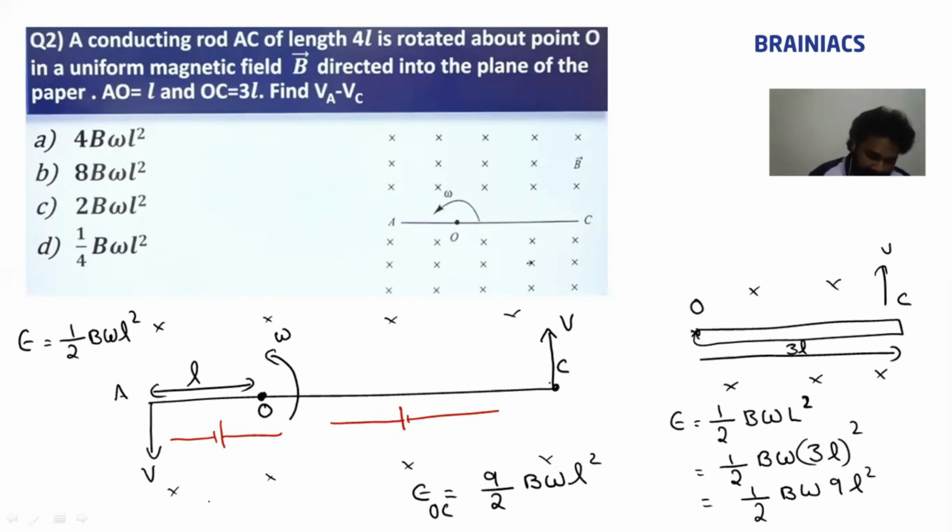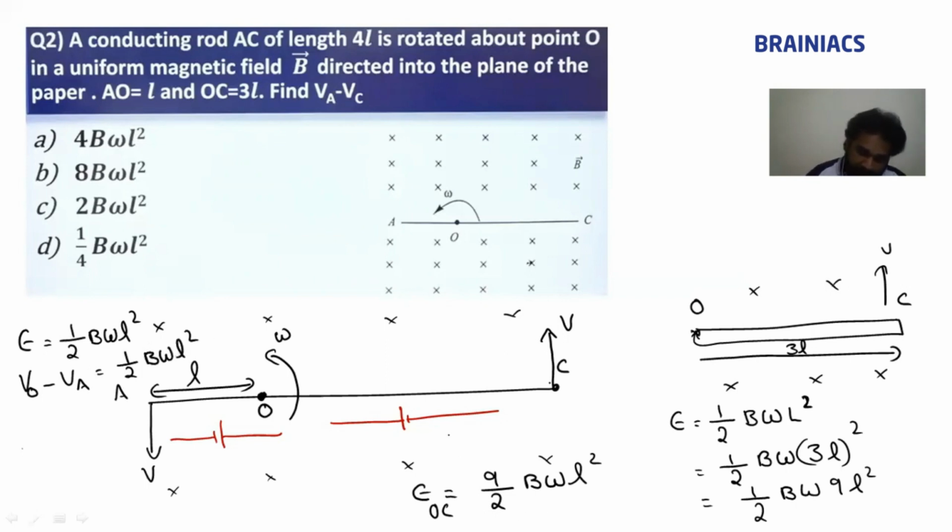Here this is VO minus VA, which is half B omega L square.